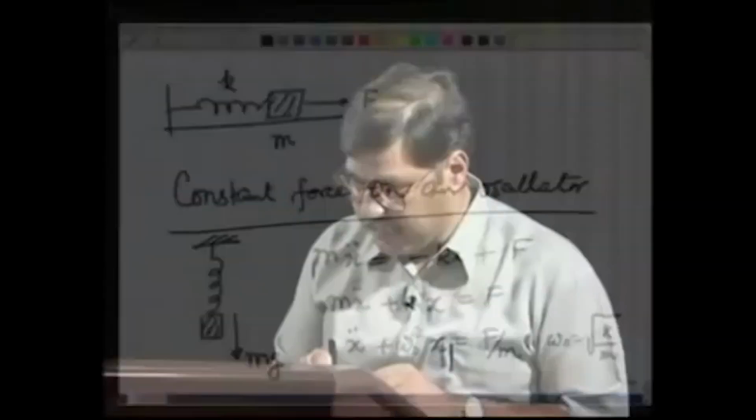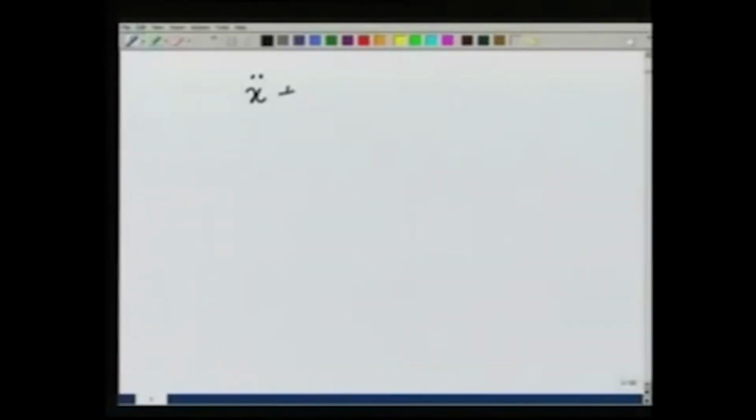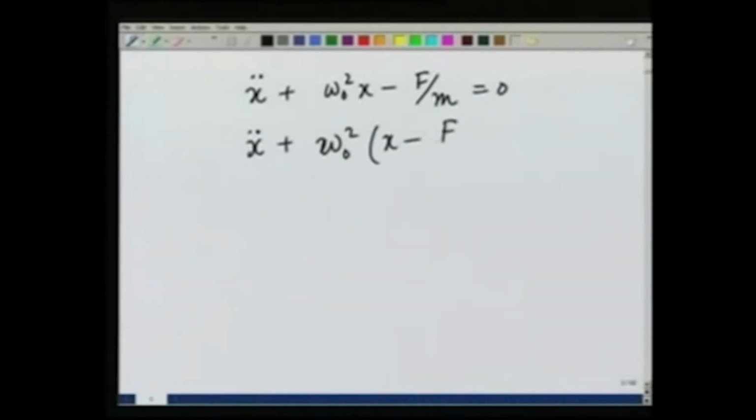I bring f over m to the left hand side and write this equation as x double dot plus omega 0 square x minus f over m is equal to 0, which can be written as x double dot plus omega 0 square times x minus f over m omega 0 square is equal to 0.